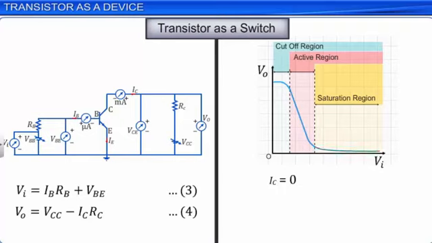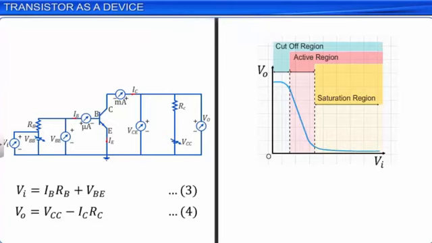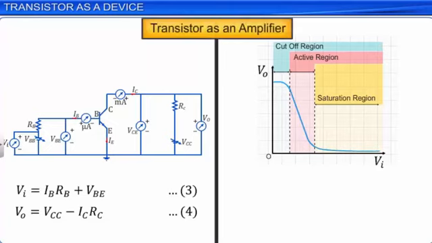Let us now discuss about the transistor as an amplifier. To discuss the transistor as an amplifier, we use the active state of the transistor. In the active region of the transistor, the output voltage Vo decreases linearly with an increase in the input voltage Vi.